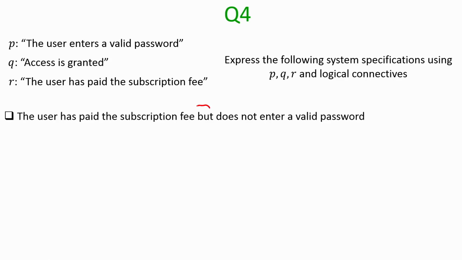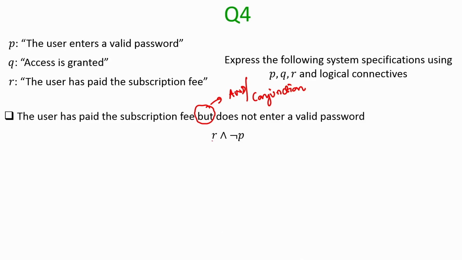So, you might be wondering what will be the logical connective for representing but. The but here should be treated as some form of and, or conjunction. That means, you can equivalently parse this statement as saying that the user has paid the subscription fee and he has not entered a valid password. Okay.